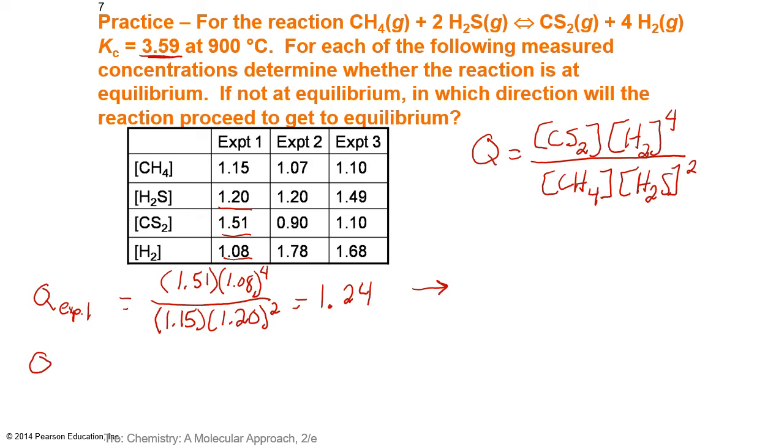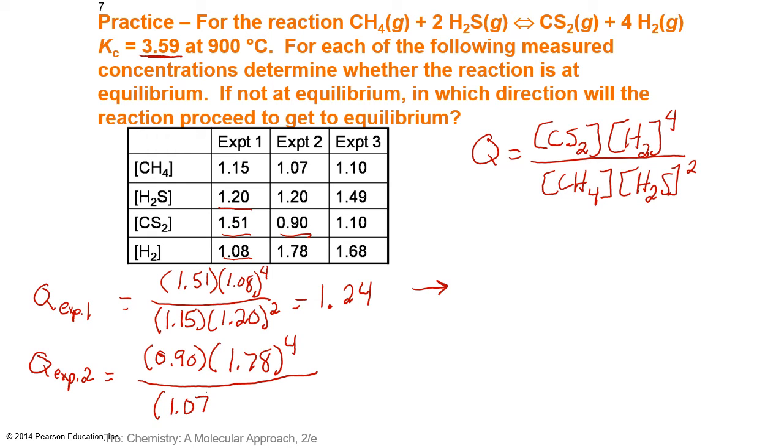If we look at experiment 2 and use the values for experiment 2, remember to raise to the 4th power for our hydrogen, and squared for our dihydrogen monosulfide, we find that the value is 5.86.